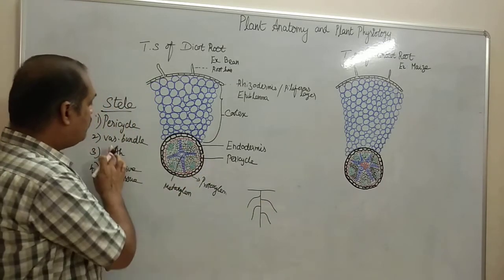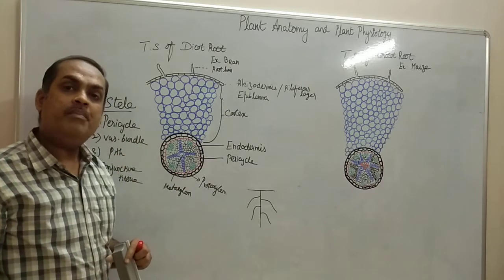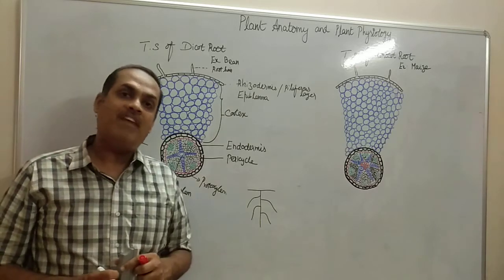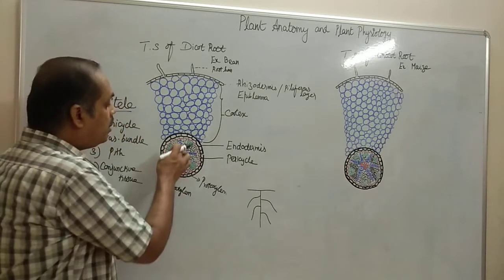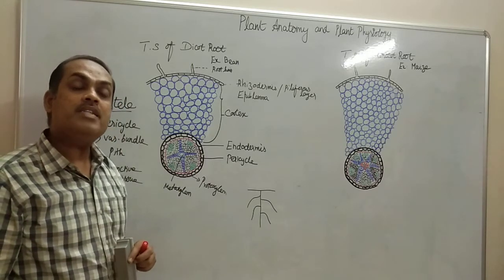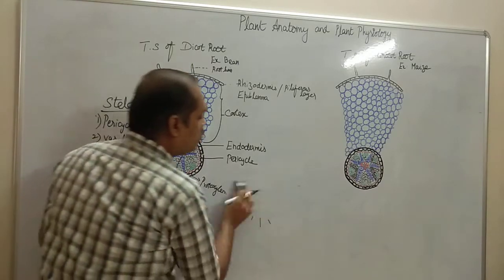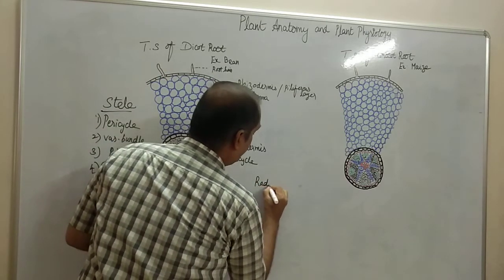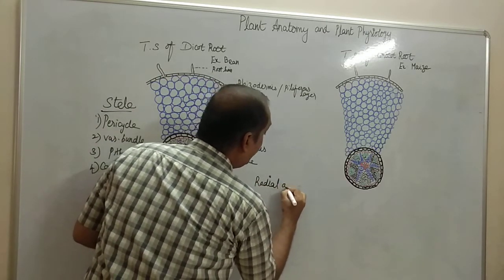Now the next one is the vascular bundle. Vascular bundle means we are referring to xylem and phloem. Xylem and phloem are generally called vascular bundles. Now here the arrangement of xylem and phloem is called radial arrangement. What is the meaning of radial arrangement?